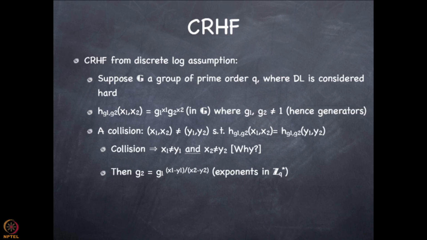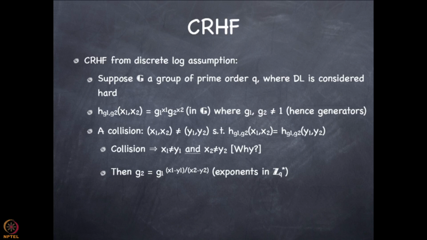And you can divide in the exponent. You can take the root. So what does that mean? Well, x2 minus y2 is a number modulo q. The exponents are numbers modulo the order of the group. It has a multiplicative inverse. All the arithmetic in the exponents is happening modulo q, so dividing by x2 minus y2 makes sense.